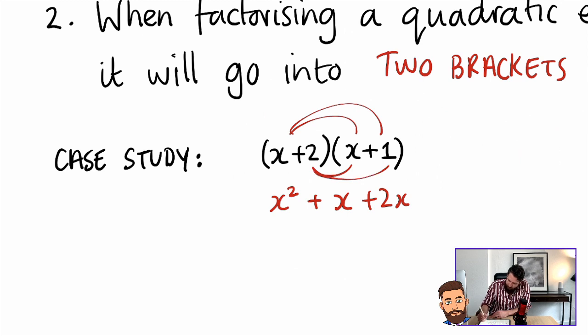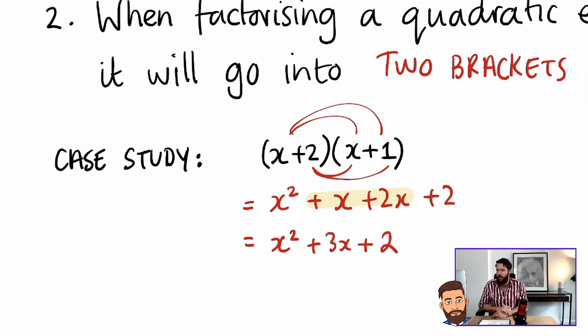And 2 times 1 is plus 2. We can simplify the two terms in the middle: x plus 2x is 3x, and the plus 2 on the end. So we've got x squared plus 3x plus 2.